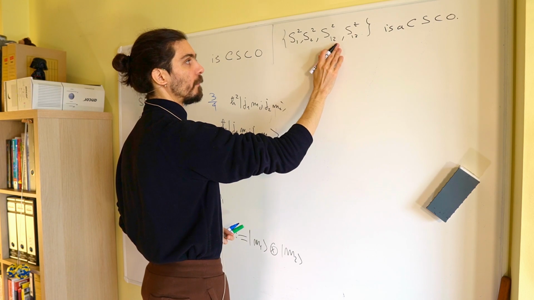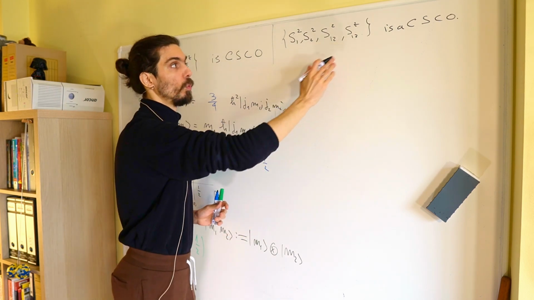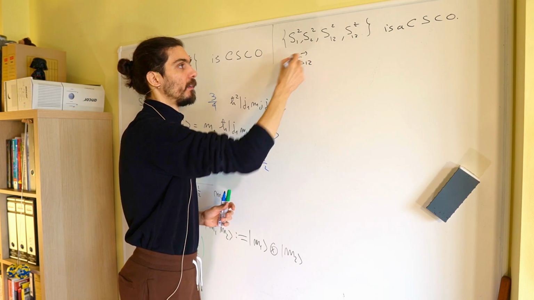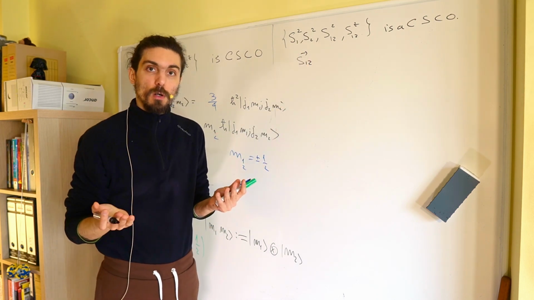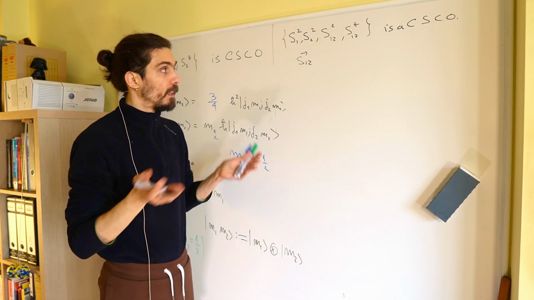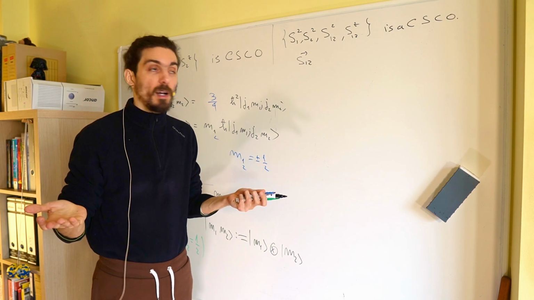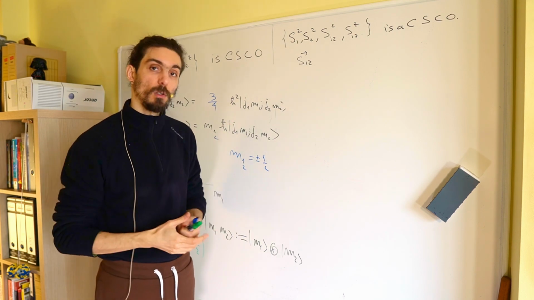So let's start with this one. The S12 that I wrote here is a new angular momentum. It is a new angular momentum because it's a sum of two individual angular momenta, for electron 1 and electron 2.